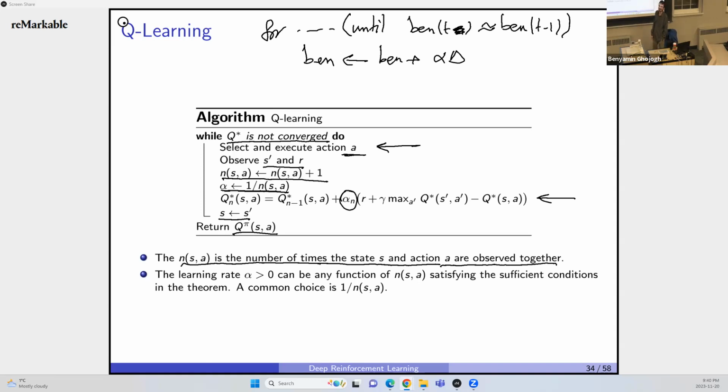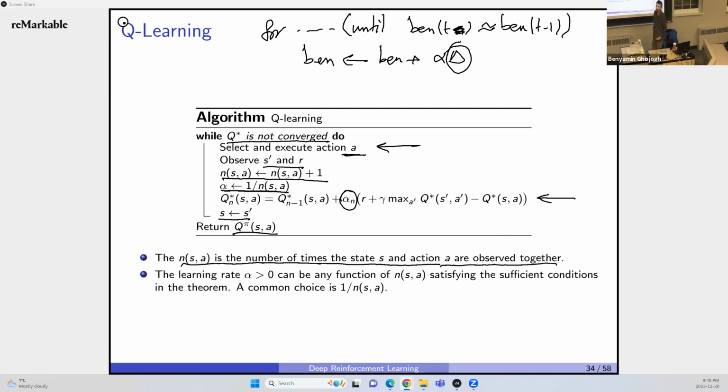Initially, if Ben is awful, because I assume my Ben is initialized randomly, my delta is large in initial iterations. In each iteration, delta is changing, right? Delta becomes smaller and smaller by Ben getting better and better, until alpha times delta becomes very, very small. It means convergence of Ben.